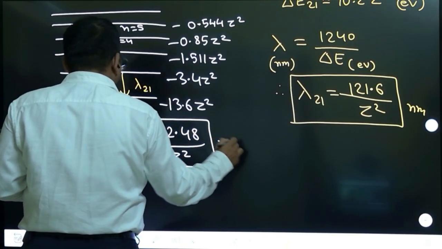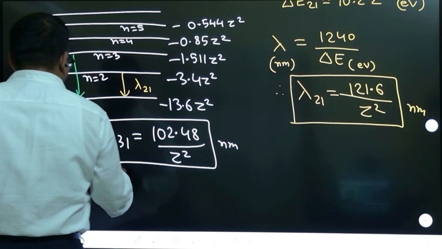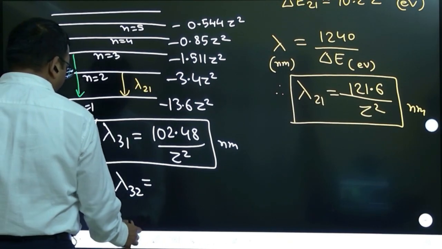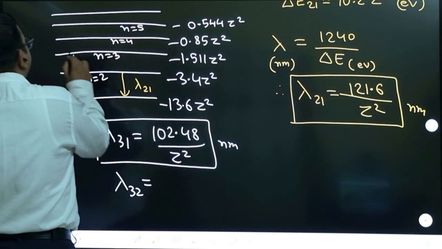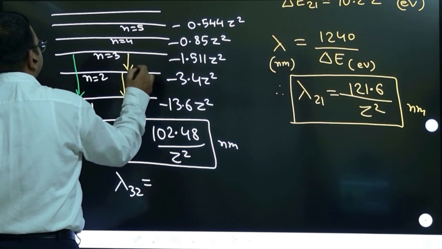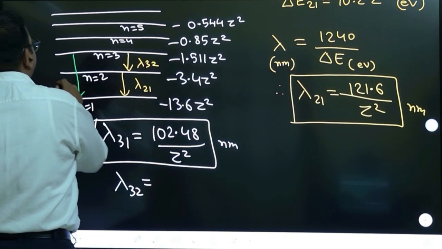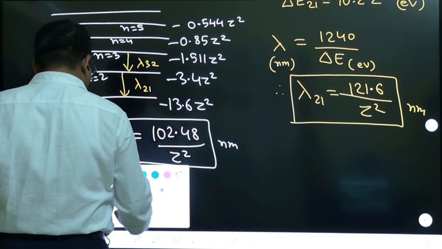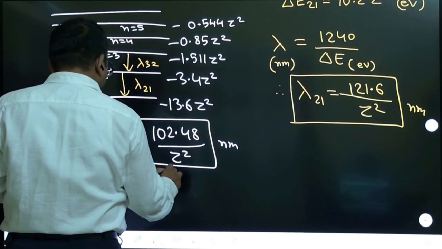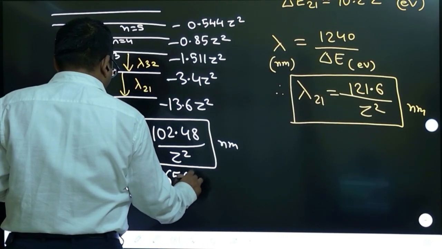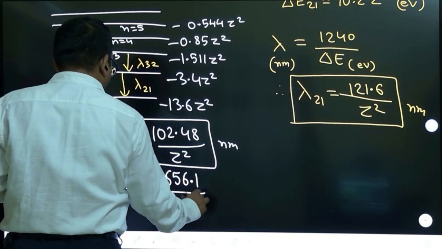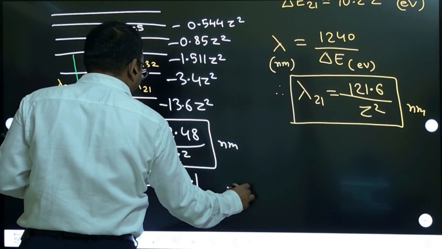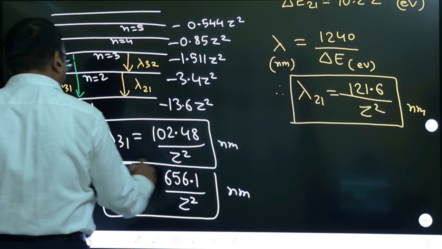Similarly, for the 3 to 2 transition, lambda 3 to 2, note 656.1 by Z square. Why Z square? Because it may not be hydrogen, it may be hydrogen-like.